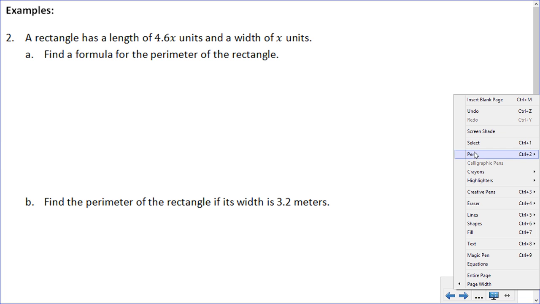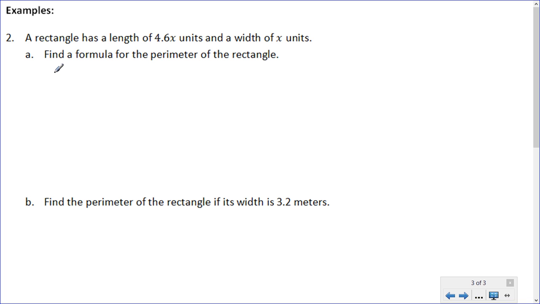Well, we know that the perimeter of a rectangle is just adding all 4 sides. So we have 2 lengths plus 2 widths. So the length is 4.6x and the width is just x.